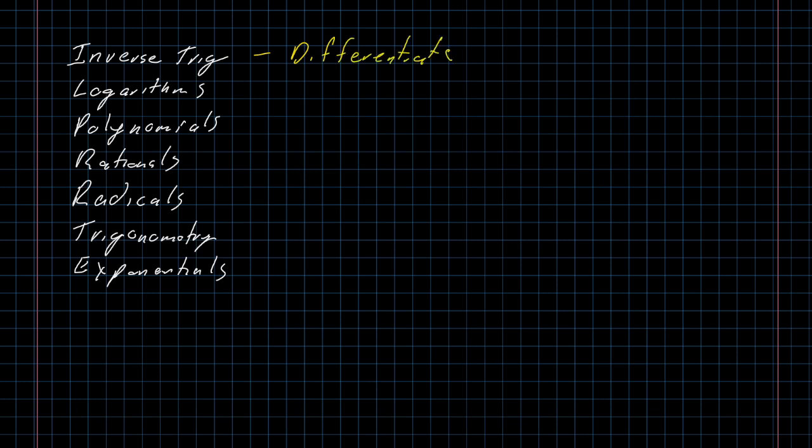So we definitely want to differentiate inverse trig, no questions about it. Logarithms, kind of the same thing. If you differentiate a logarithm, you end up with a rational. If you integrate a logarithm, I don't know, we actually haven't done that yet. So those two are on the definitely differentiate pile.